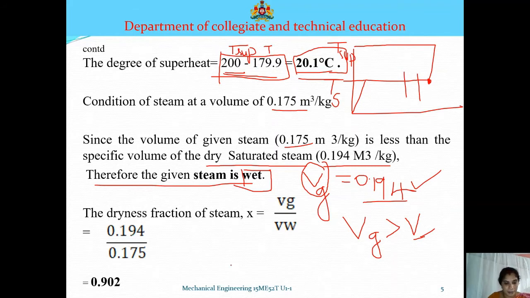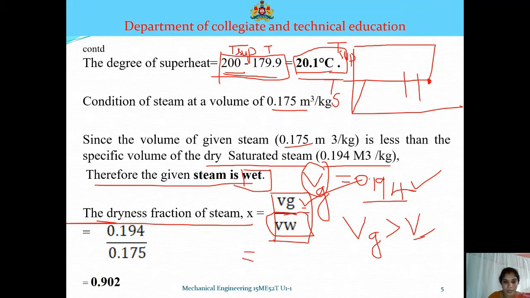The dryness fraction can be found out by using the formula Vg by Vw. What does Vg indicate? Vg indicates the volume of the dry steam. Vw indicates the volume of the total wet steam. Will you agree with me?